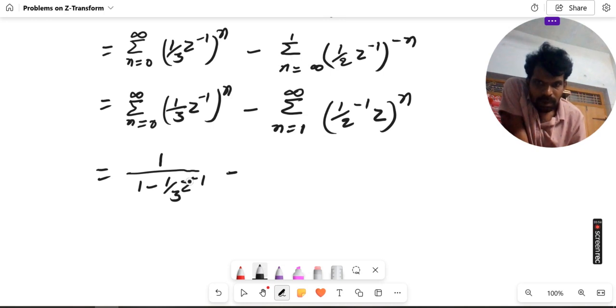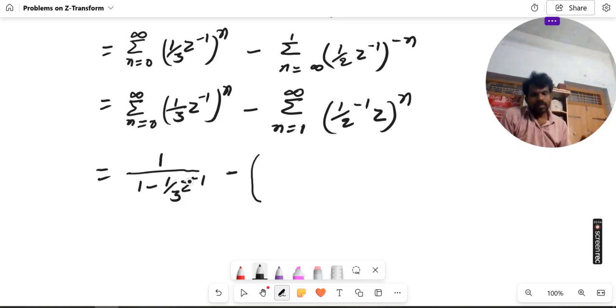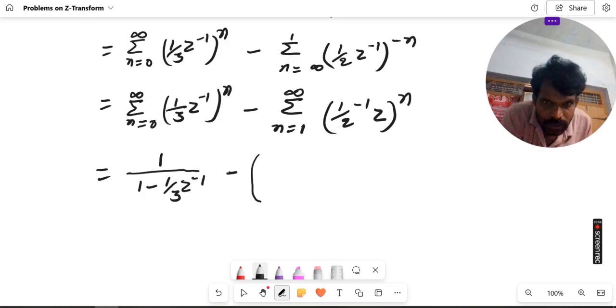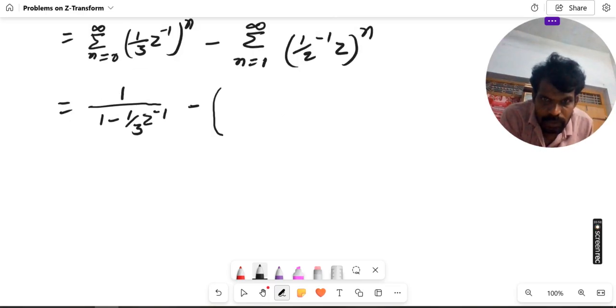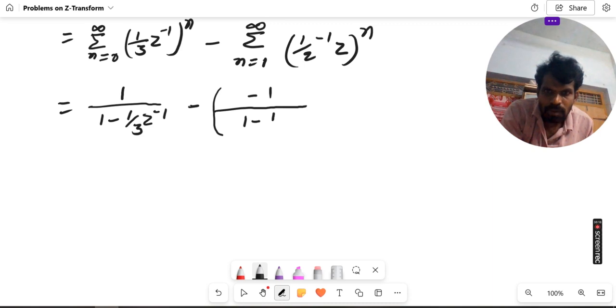So for that, what we will get is, for the second part, simplifying that, minus 1 by 1 minus 1 by 2 z inverse.